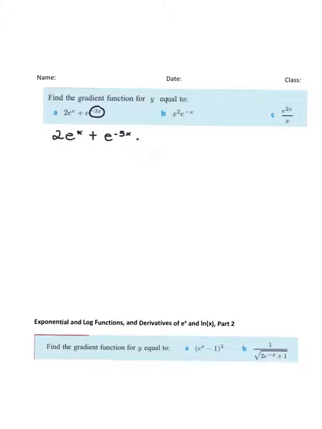Negative 3. So let's put this together. Our final answer is negative 3e to the negative 3x plus 2e to the x. Remember, you don't have to simplify unless it's super easy or very obvious. Otherwise, for the sake of time, just leave your answer like this. Rearrange so that you have your coefficients in the proper place.